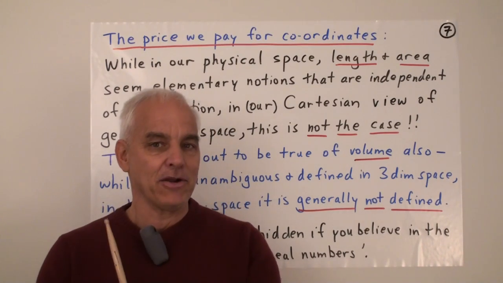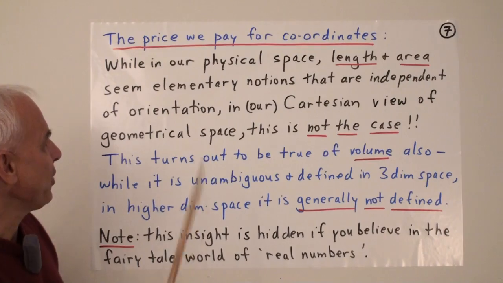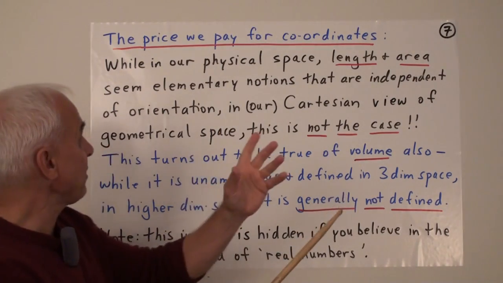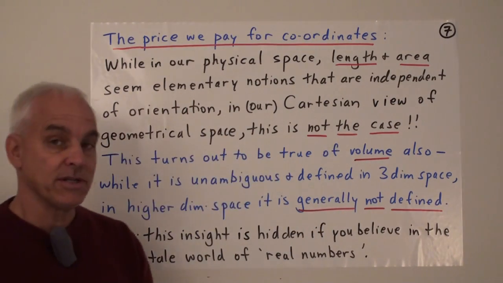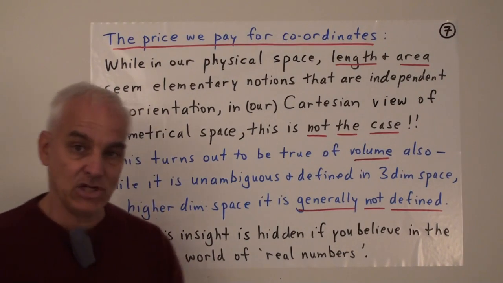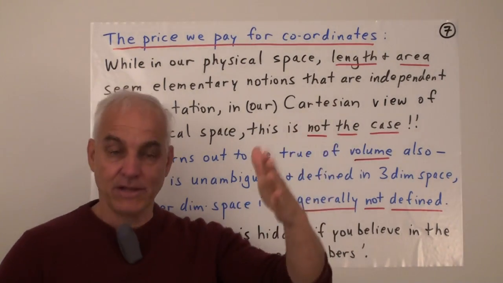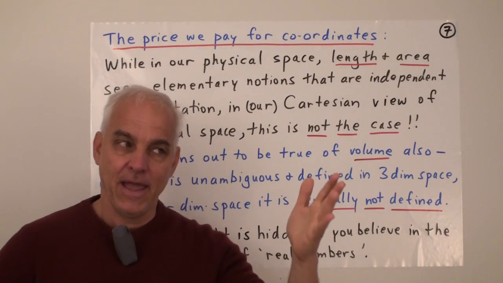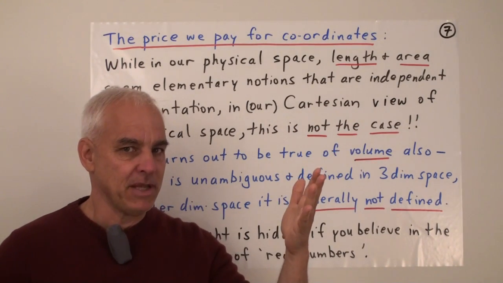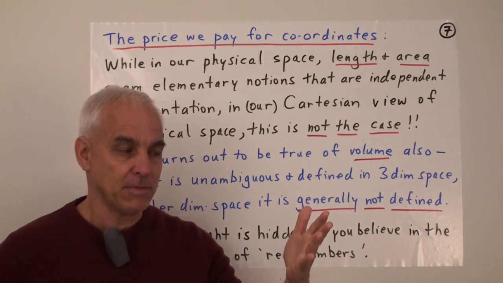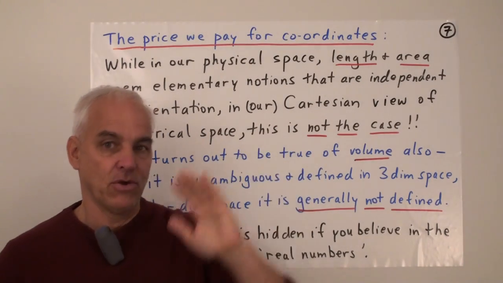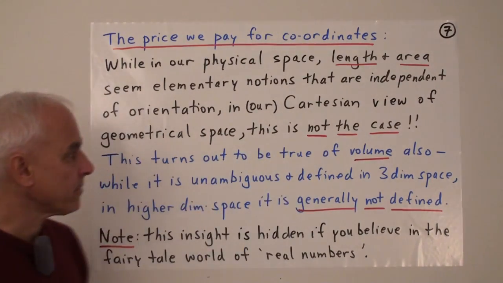It's not entirely free. In our physical space, length and area seem elementary notions that are independent of orientation. We can move lines around and we can move triangles around in our physical space, and none of their properties seems to be affected. In particular, we can measure areas and the areas don't change when we move them.